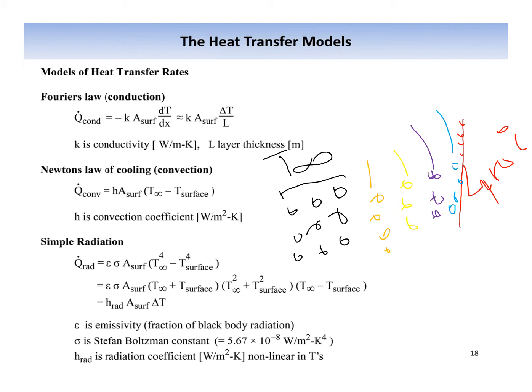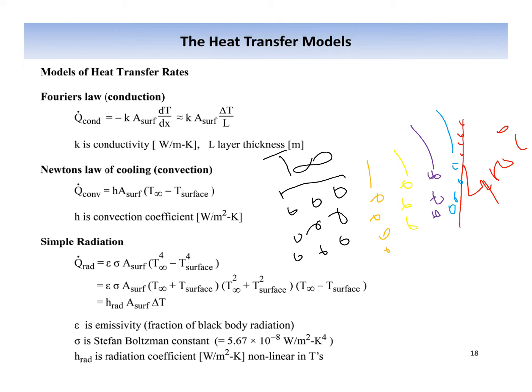If we move away from the block, we will come to a point where there is no temperature difference, and this temperature is known as T infinity. T surface is definitely the temperature of the copper block.